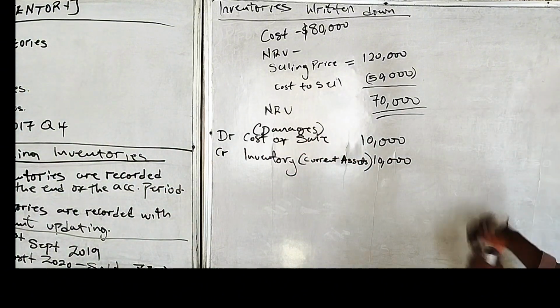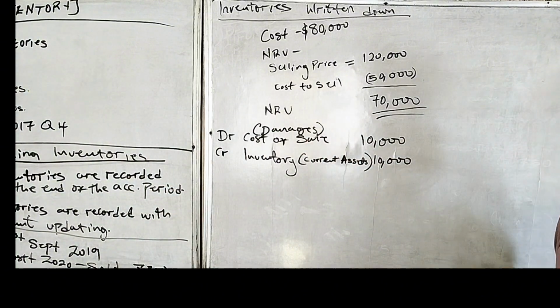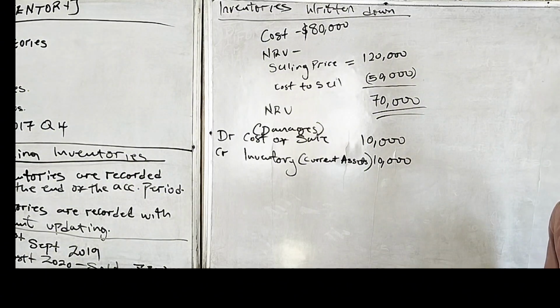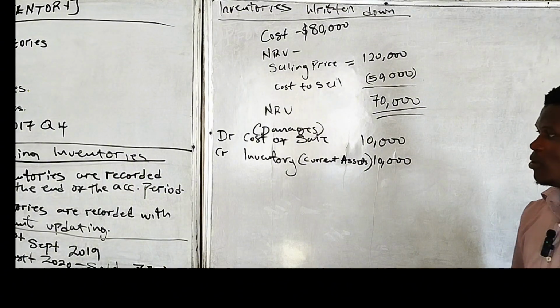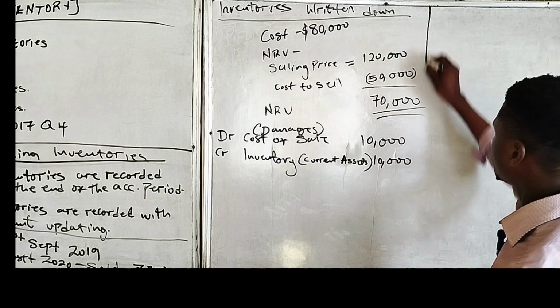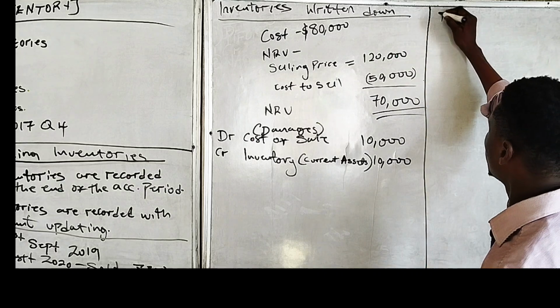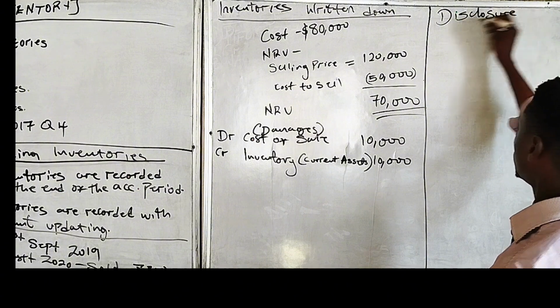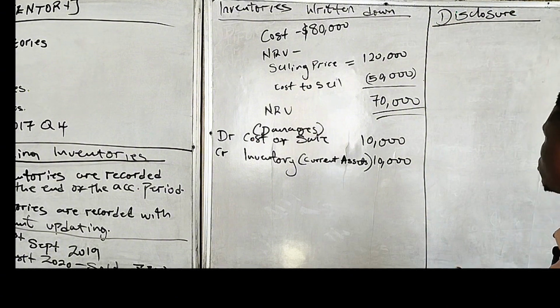We may have several reasons why the cost of inventory will be higher than the net realizable value. It may be as a result of damages, obsolescence, changes in price, interest rates, and so many other factors. Then lastly, we have the disclosure requirement.